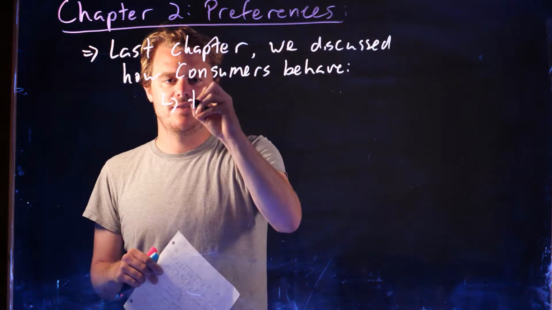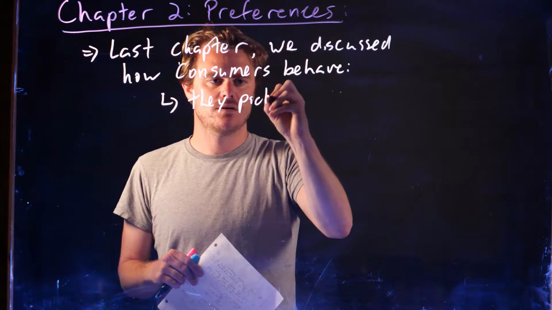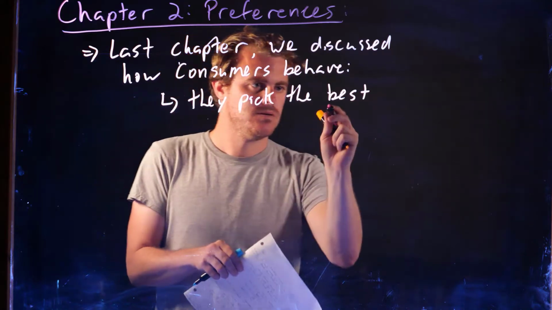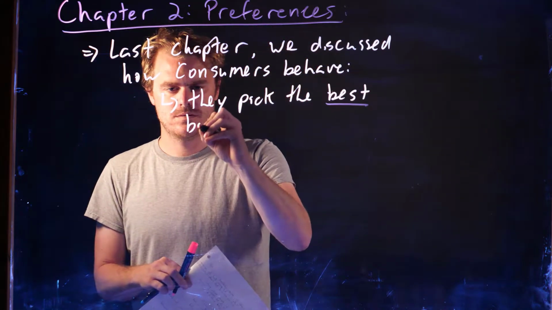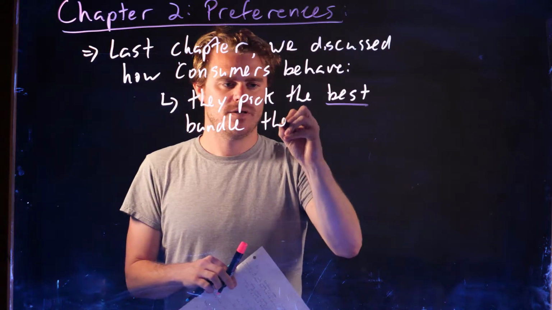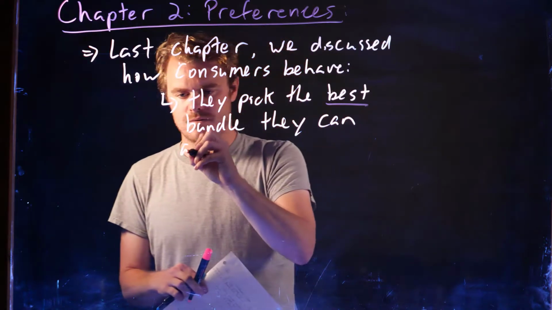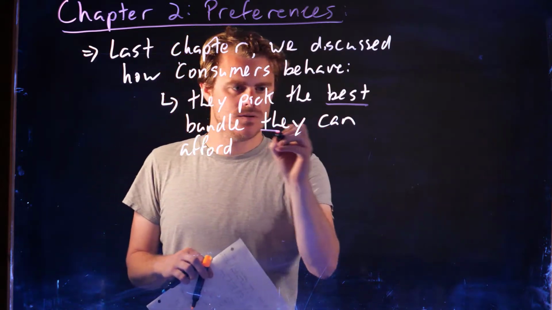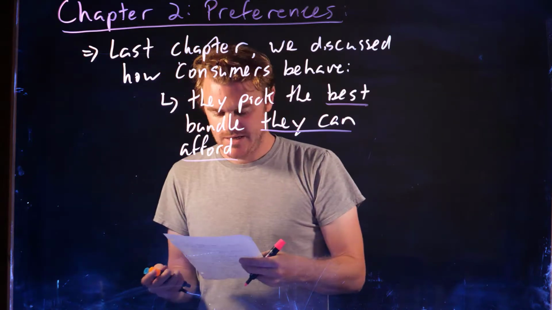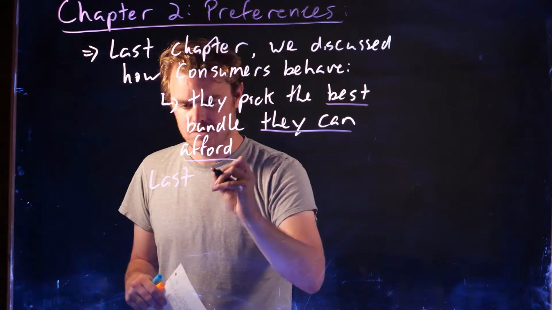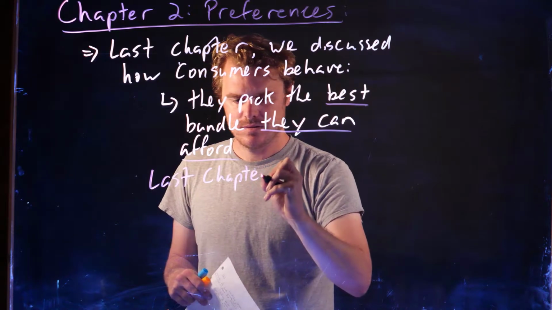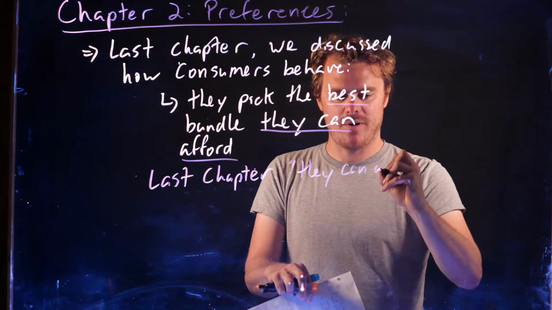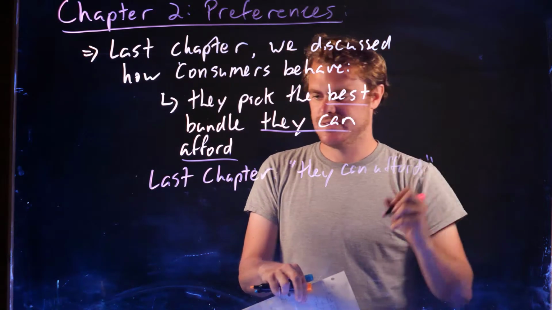This is the idea that they pick the best bundle they can afford. Last chapter is when we talked about the "can afford" part through that budget constraint.